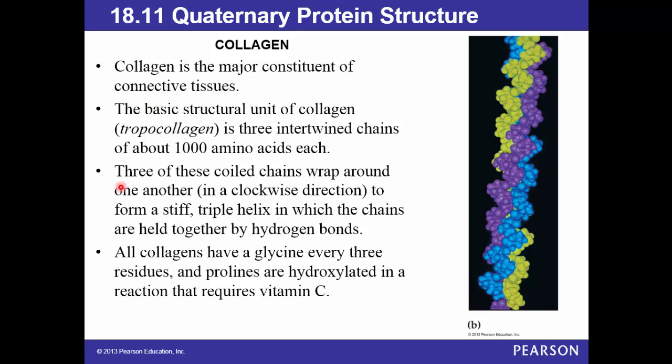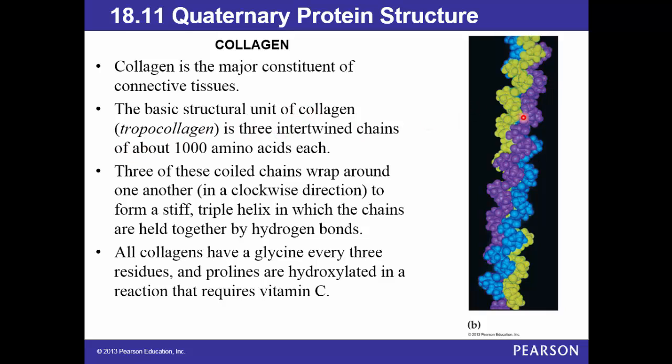Now again, collagen is the major constituent of connective tissue. Collagen is a fibrous protein, but it is an example of quaternary protein structure, because the basic structural unit of collagen is called tropocollagen.